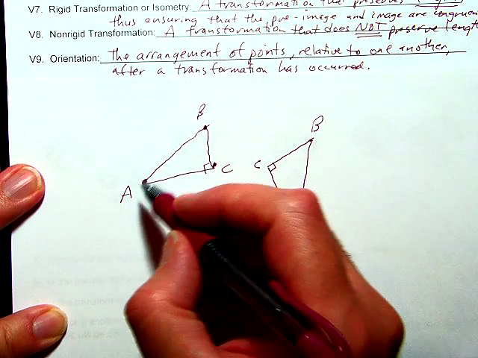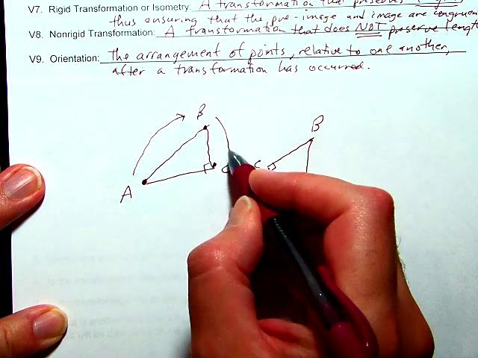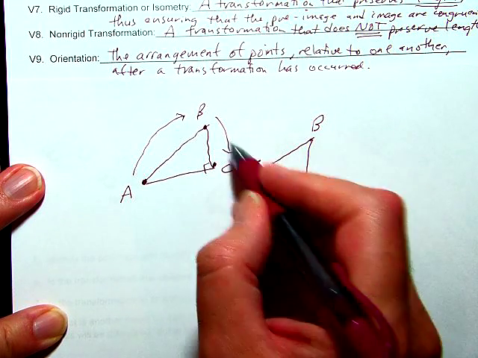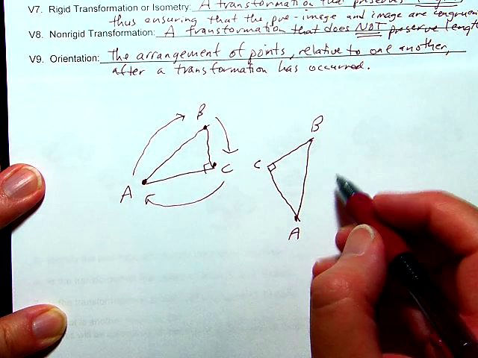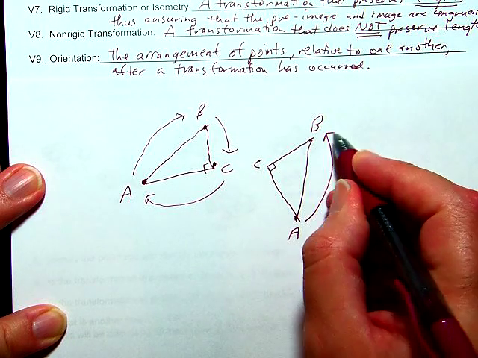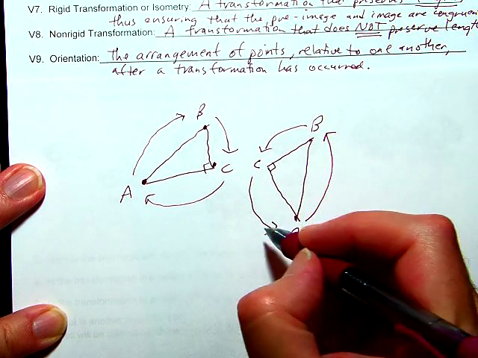So this left triangle, if we go from A, B to C, we find that we're going in a clockwise direction, right? From A to B to C and back to A gives us a clockwise movement. Whereas in this triangle, if we go from A to B to C and back to A, we're actually going in a counterclockwise direction.